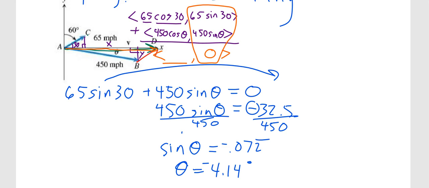Okay. So, how do you find the x and the y components of the blue vector, the 450 vector? How do you find this vector?